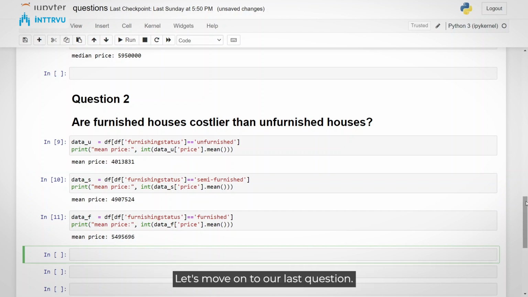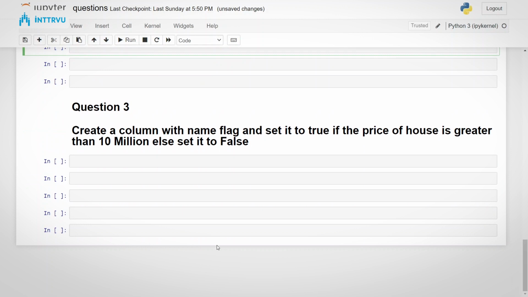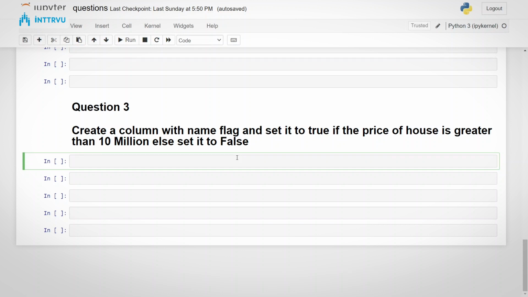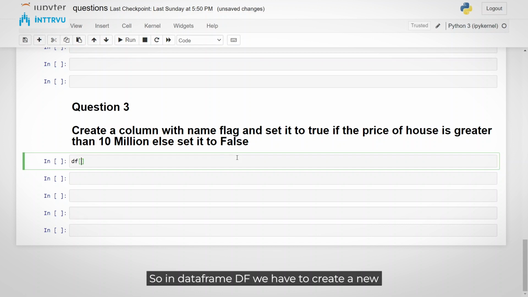Let's move on to our last question. The question is: create a column with the name flag and set it to true if the price of the house is greater than 10 million, else set it to false. So in DataFrame df, we have to create a new column flag such that it is true if the price is greater than 10 million.